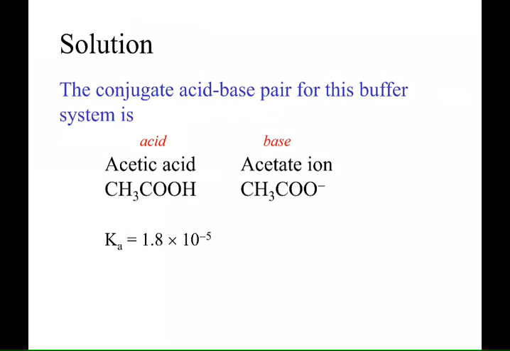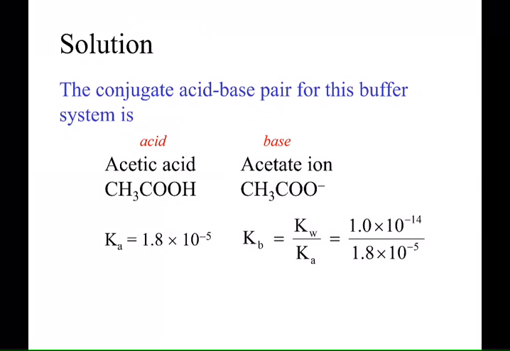We can get pKa from that, right? Let's just apply the p function. We don't need it here, so I don't know why I went ahead and knocked it out. But be able to go back and forth between, for a conjugate acid-base pair, the Ka and the Kb. Ka times Kb is equal to Kw, so Kb is Kw divided by Ka.